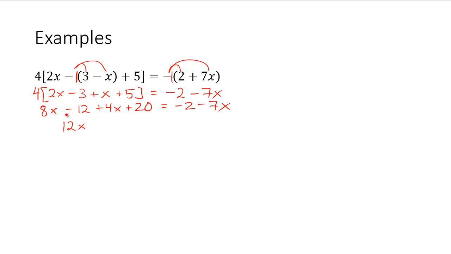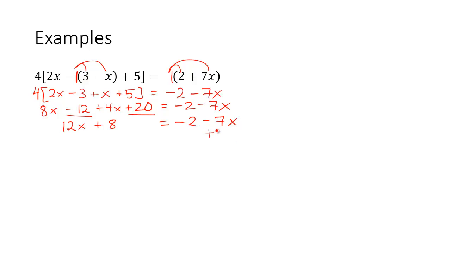And then 20 and negative 12 can also be combined. We're combining like terms just to make things simpler on this side. And that will be positive 8. So now we've cleaned up both sides, and now we can start adding and subtracting our terms so that we get all our x's on one side and all our numbers on the other.